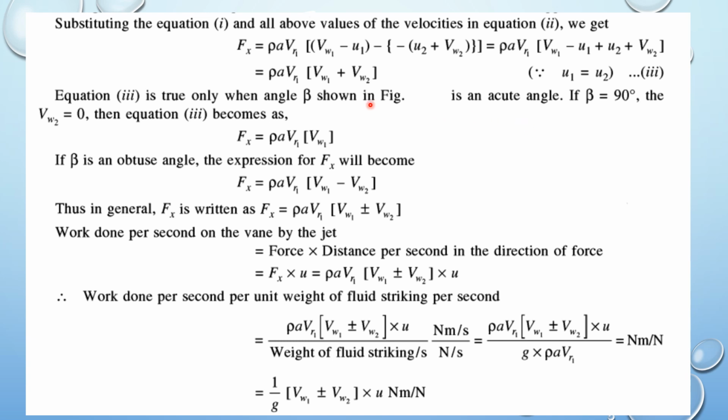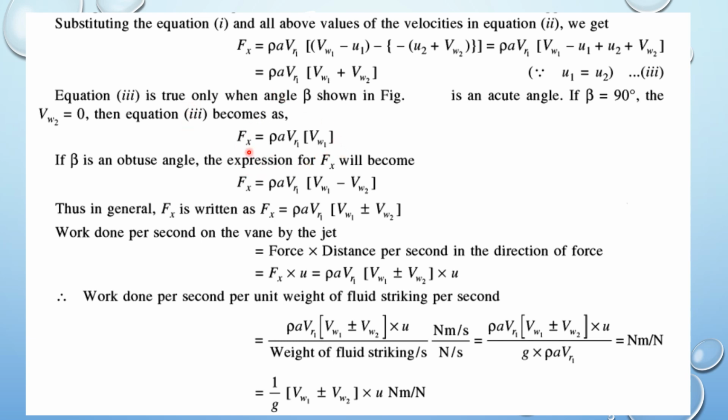Equation number 3 is true only when angle beta is an acute angle. If beta is equal to 90 degree, then these two lines coincide and Vw2 becomes 0. You should try to learn this keeping the figure in view, then only you will understand how each of these expressions has come.